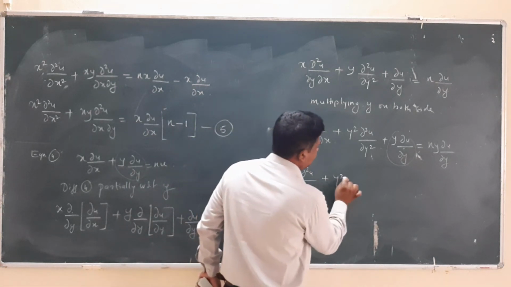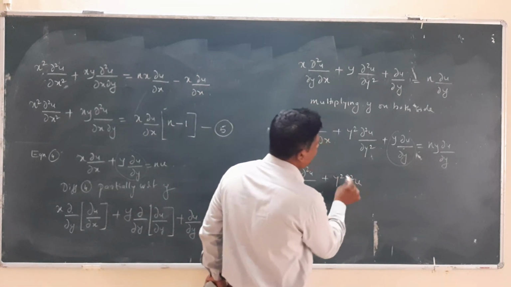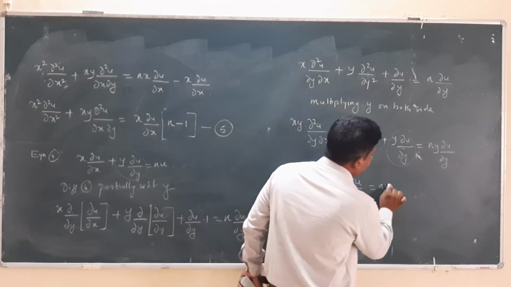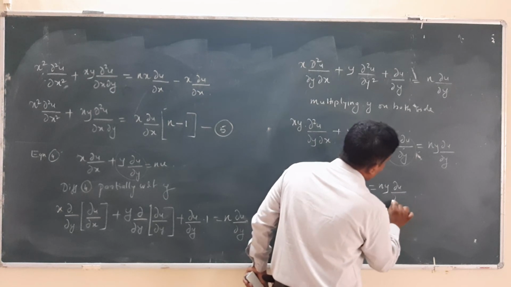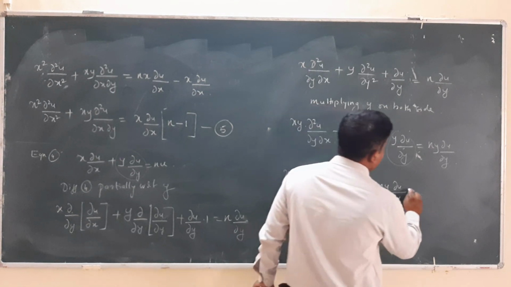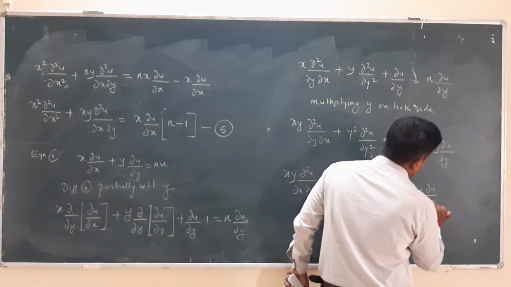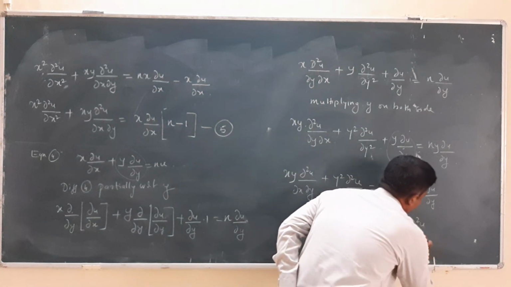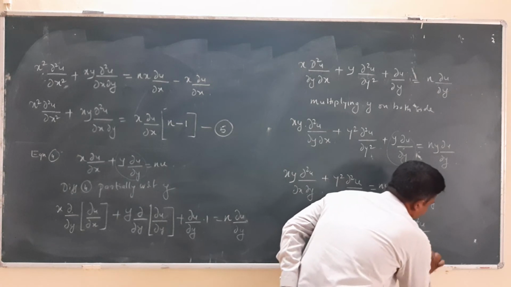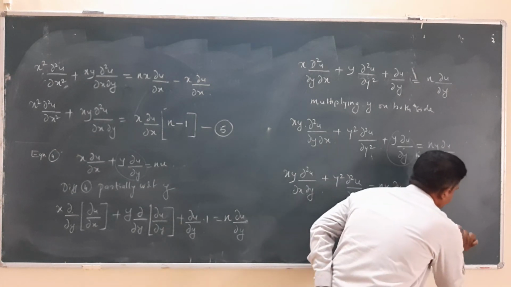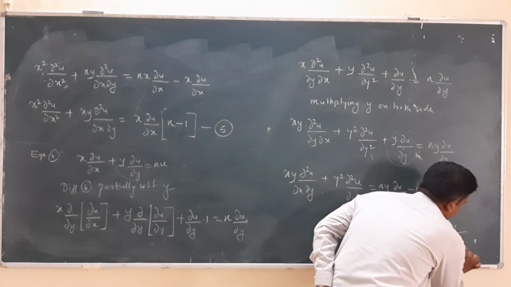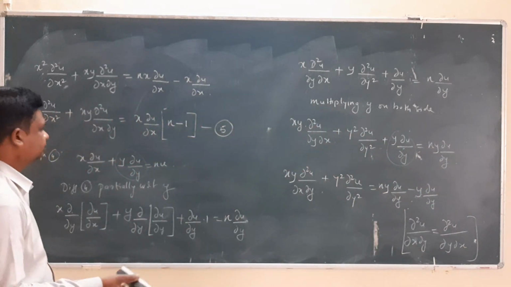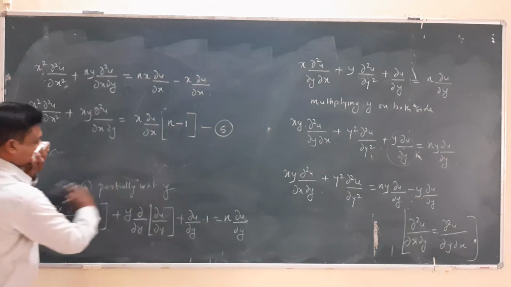Plus y square into dou square u upon dou y square is equal to n into y dou u upon dou y minus y into dou u upon dou y. Here dou square u upon dou x into dou y is equal to dou square u upon dou y into dou x. So now I will simplify this one further.